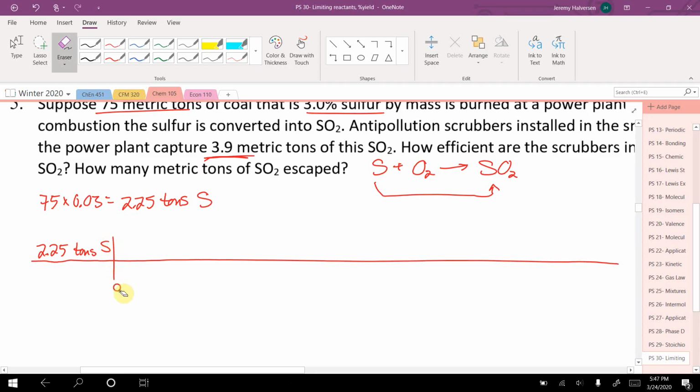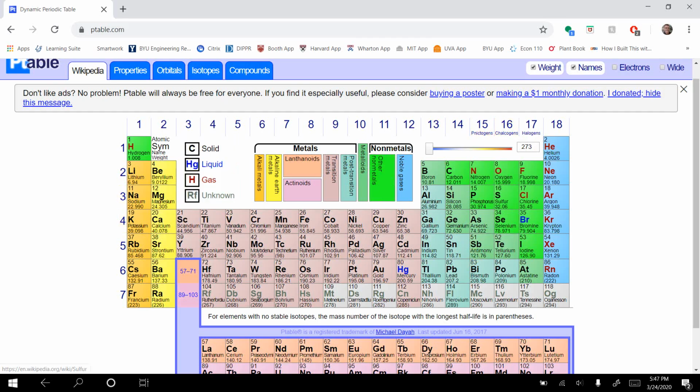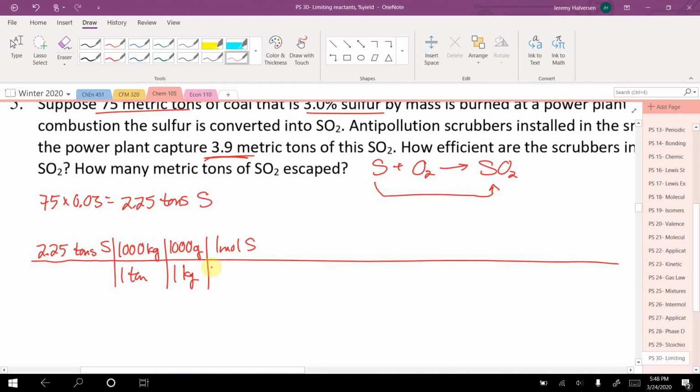2.25 tons of sulfur. If you don't know, 1 ton is 1,000 kilograms. 1 kilogram is 1,000 grams. And 1 mole of sulfur weighs 32 grams. Well, now this equation is balanced, so I know 1 mole of sulfur makes 1 mole of SO2.